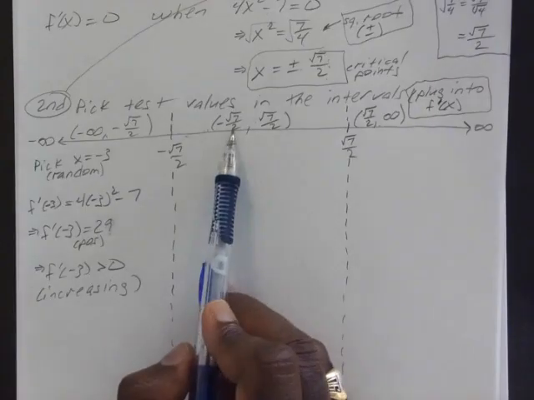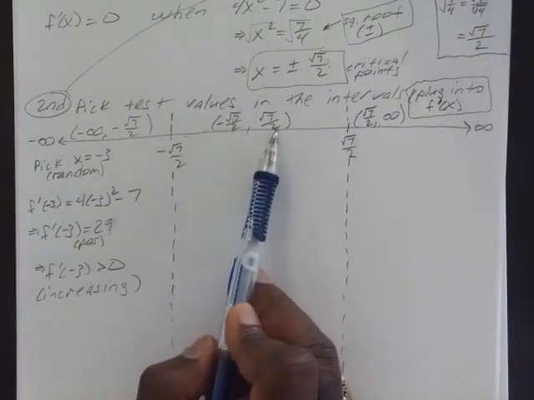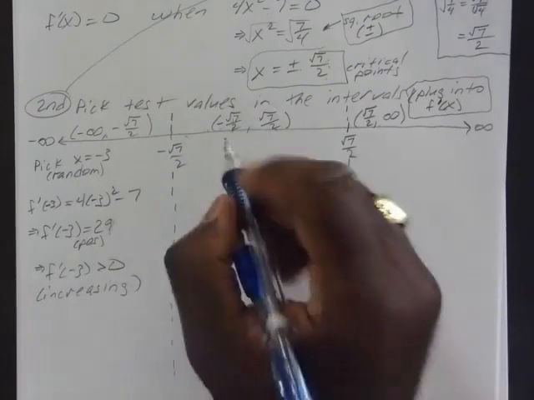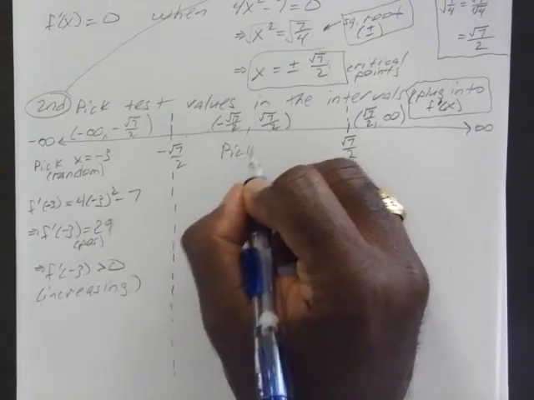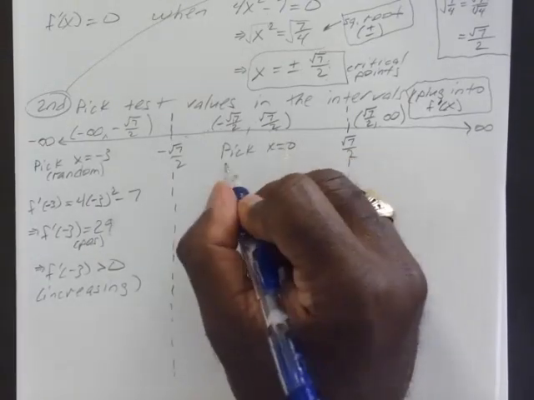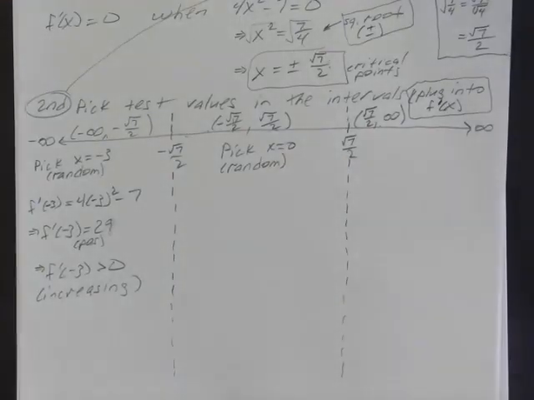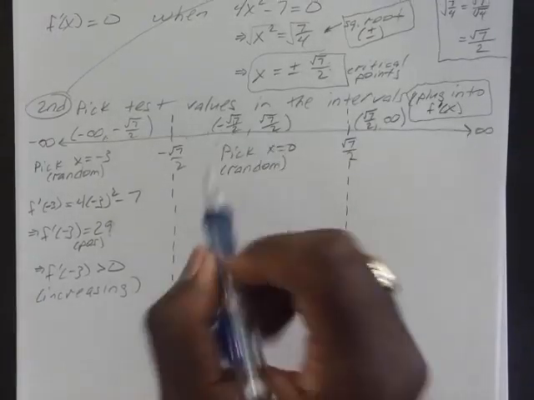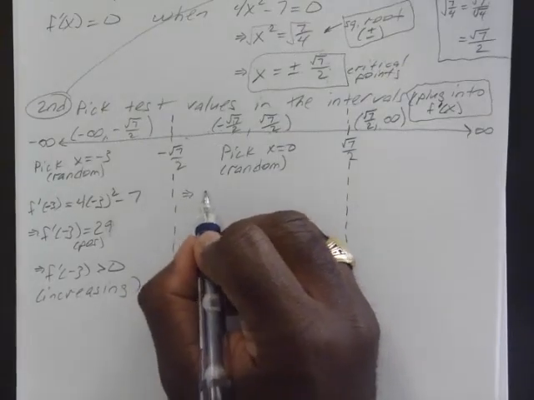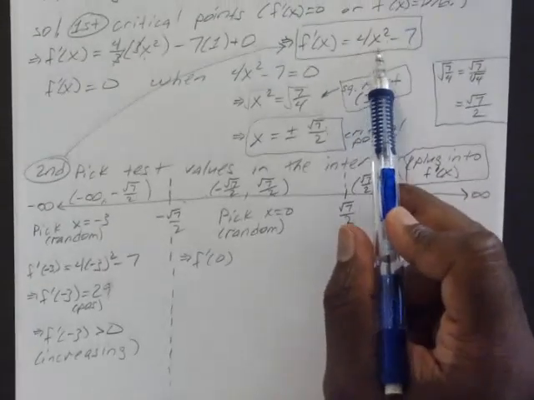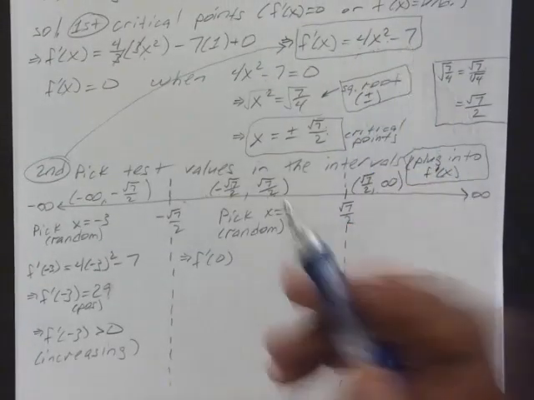Now we pick a test value between -√7/2 and +√7/2. Well, since one is negative and one is positive, I just go to my old favorite, x equals 0. And again, pick whatever value you like. Okay, so we plug that into our derivative. So f prime of 0 is equal to 4 times 0 squared minus 7.